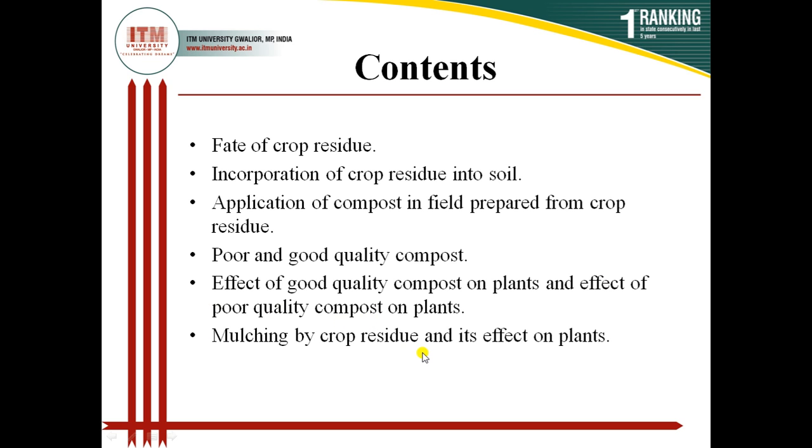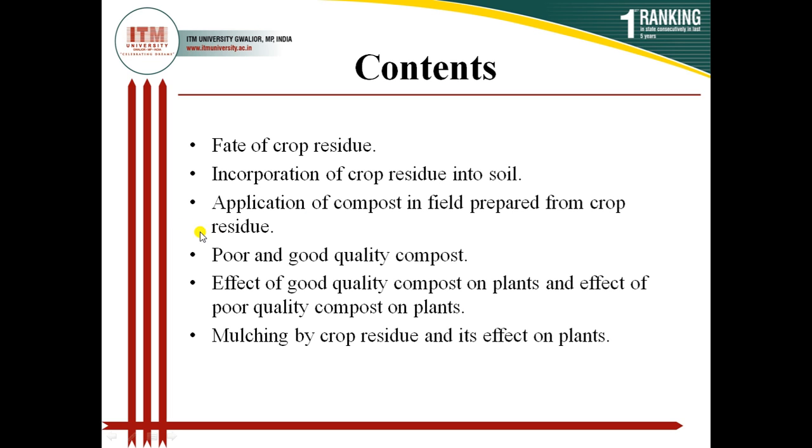Mulching by crop residue. This is another application of crop residue. There are three applications. First, the crop residue is being incorporated into the soil, that is on-farm residue management.